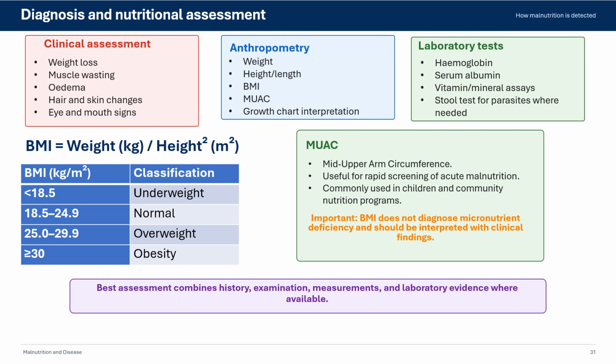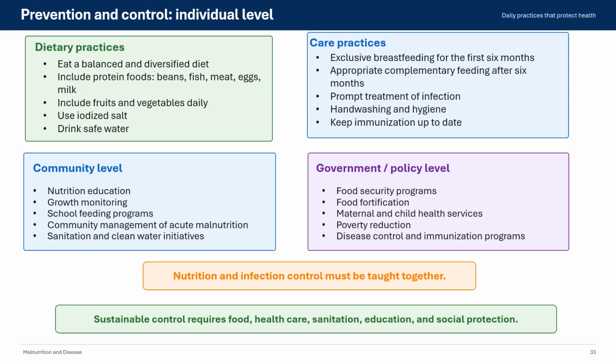So best assessment generally combines history, examination, measurement, and laboratory evidence to diagnose malnutrition. So successful control requires food, healthcare, sanitation, education, as well as special social protection.